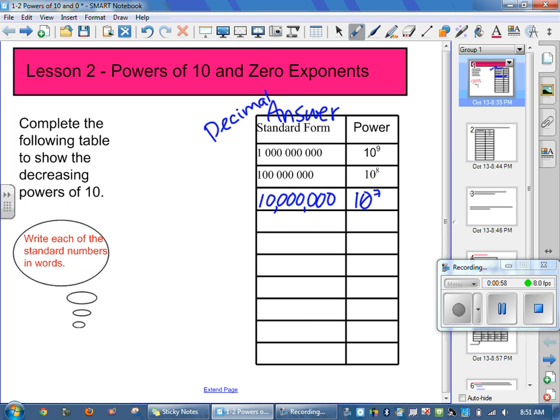Then I'm going to have 10 to the 6. That's going to give me 6 zeros, 1 million. 10 to the 5, 100,000, 5 zeros. Then we have 10 to the 4, which is 4 zeros, 10,000.